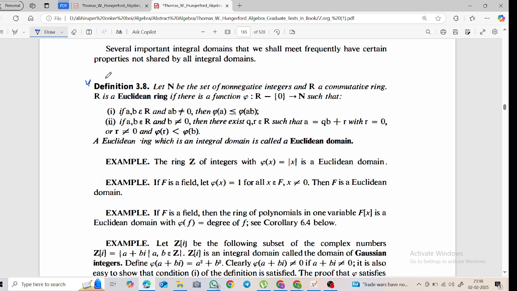You can take a as the dividend and b as the divisor, and have a equals qb plus r, with r equal to 0 or phi(r) less than phi(b). A Euclidean ring which is an integral domain is called a Euclidean domain.